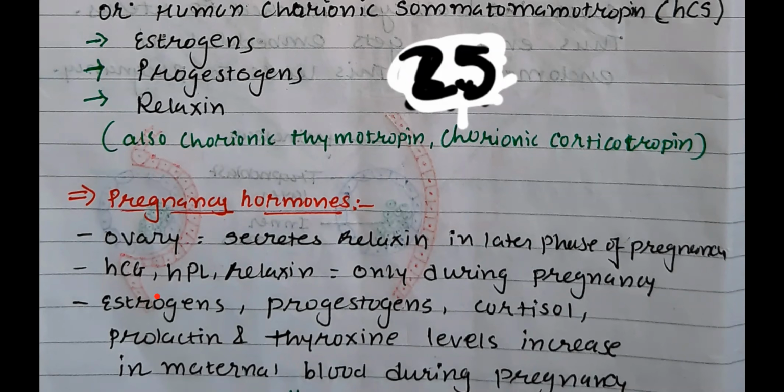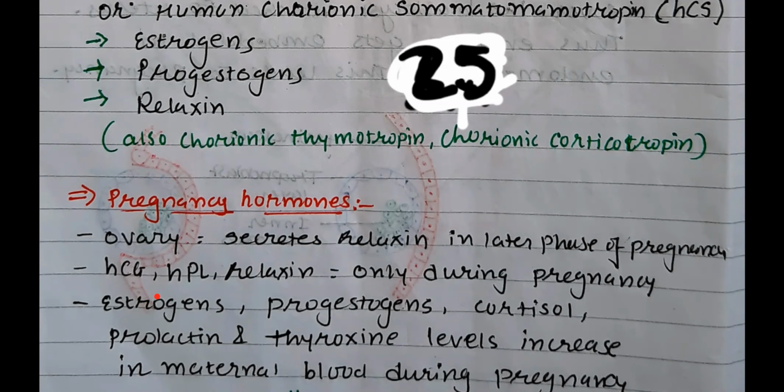There are so many hormones, and some of them which never appear otherwise in the life of a female start appearing. For example, HCG and HPL. Obviously, relaxin is even there before the pregnancy, but it is insignificant. It's detectable, but a significant amount will be available only during pregnancy.